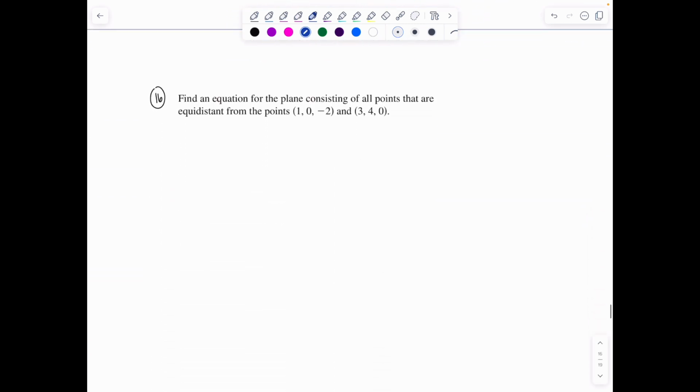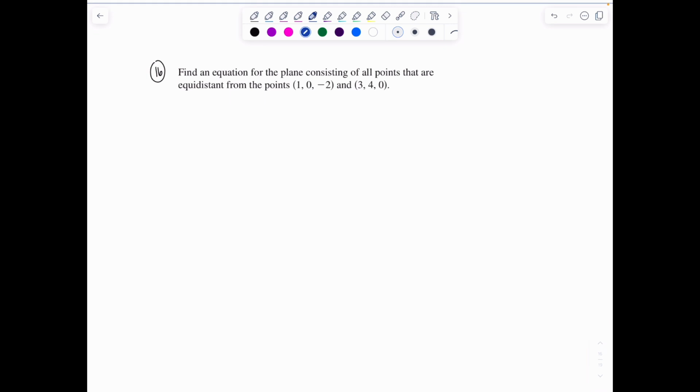Find an equation for the plane consisting of all points that are equidistant from the points 1, 0, negative 2, and 3, 4, 0. Call this point A, call this point B. Here they are in space. We want the equation of the plane that contains all points that are equidistant from these 2 points.